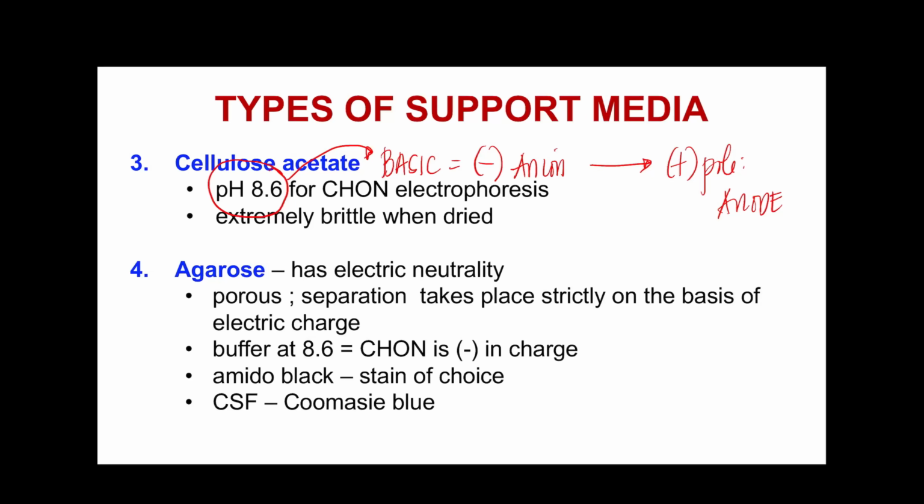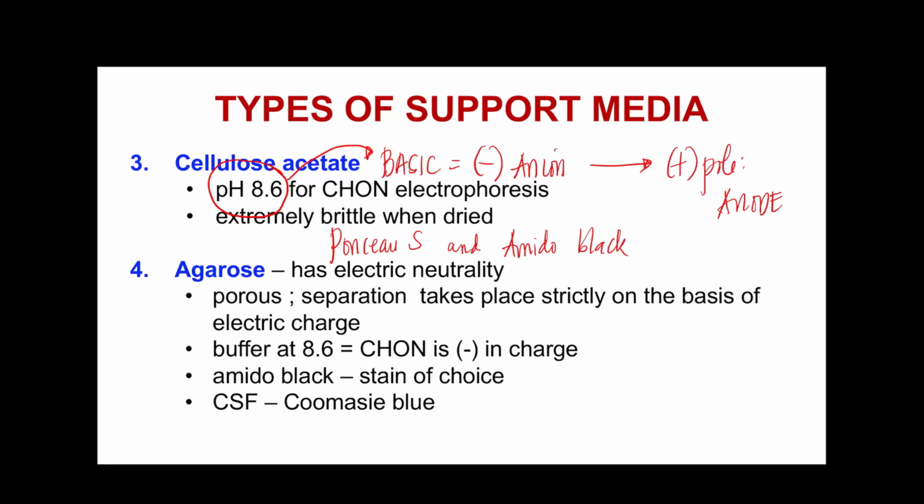Another thing, the strip can be cleared of cellulose acetate, leaving only the protein bands on a transparent background. And because it's transparent, you can use stains or dyes in order to visualize the proteins on that transparent film. So the most commonly used stains are Ponceau S and Amido Black. That's for cellulose acetate.